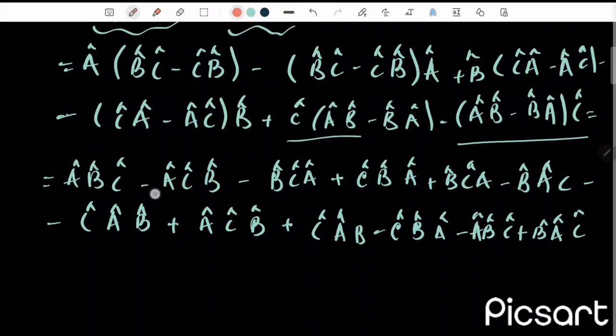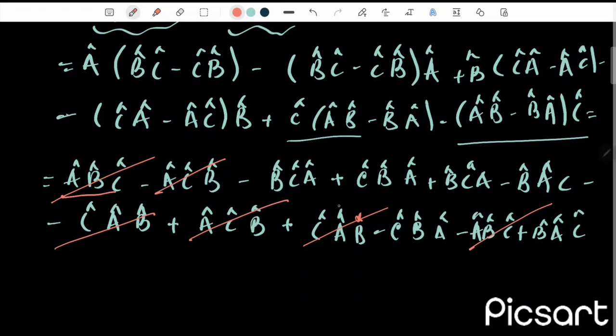For example, I have here this ACB which is minus, and I have here the same term which is plus. Also I have here CAB which is minus, and also here CAB which is plus. I have ABC which is plus, and also ABC which is minus here.